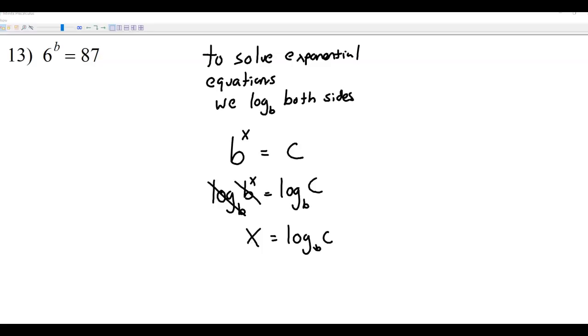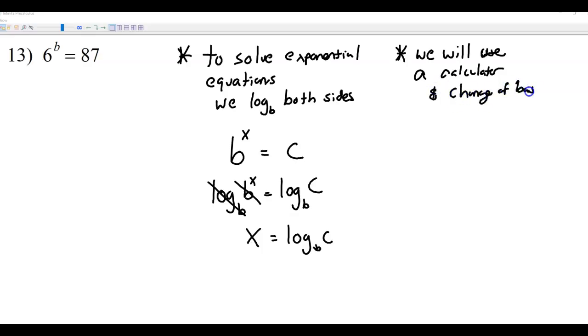Okay. Now for these problems, we're also going to need to use the change of base, which requires the use of a calculator. The change of base, in case you forgot, which you probably have because it's been a while, tells me that I can change this base b to anything I want.